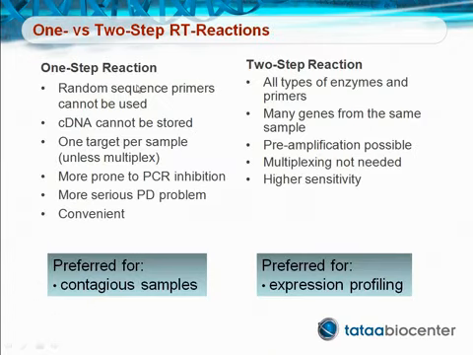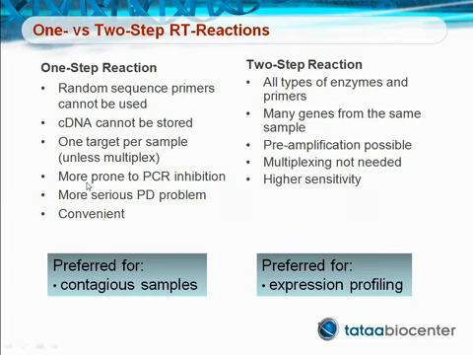RT-qPCR can be performed as a one-step reaction. This is very convenient, but has several drawbacks. Random sequence primers cannot be used. Only a single target can be analyzed per reaction, unless qPCR is multiplexed, and the overall performance is generally lower.